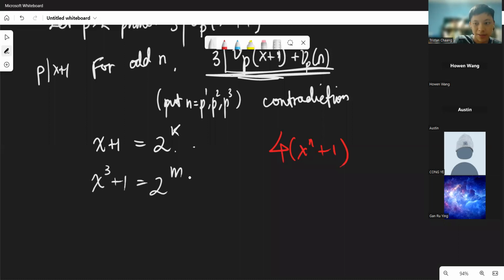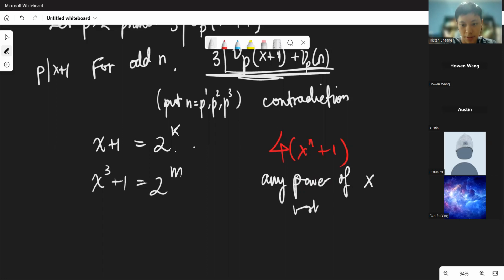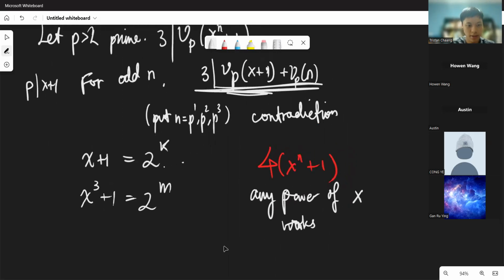X cubed plus 1 power of 2, x plus 1 power of 2. Any idea? So any power of x works. So x squared plus 1 is a power of 2, x cubed plus 1 is a power of 2, x to the 4 plus 1 is a power of 2, and so on.